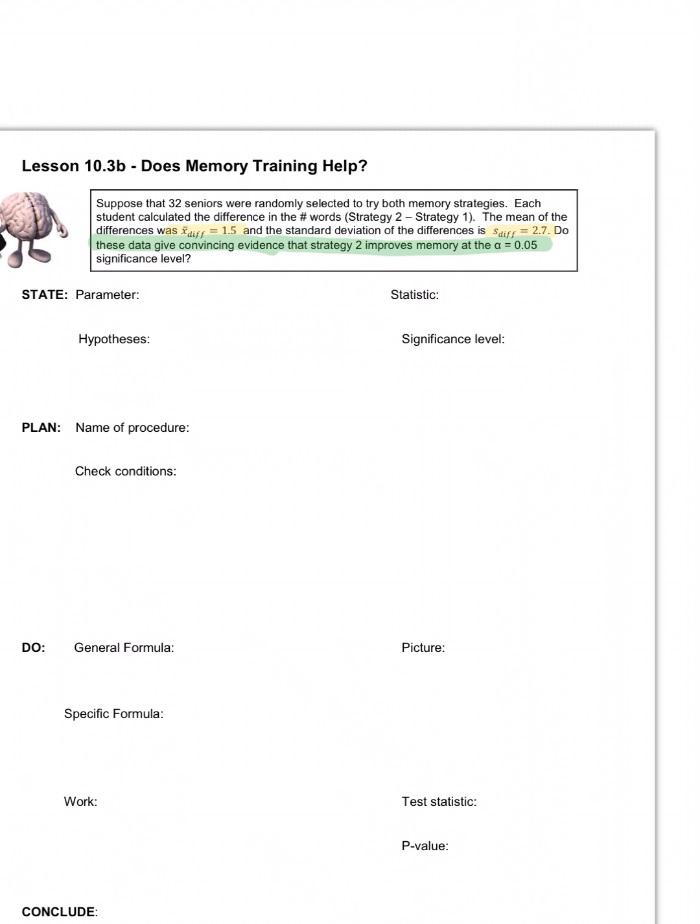Okay, so very similar start, right? Very similar. We have to define the parameter. Mu of the differences, the true mean difference in remembered words.